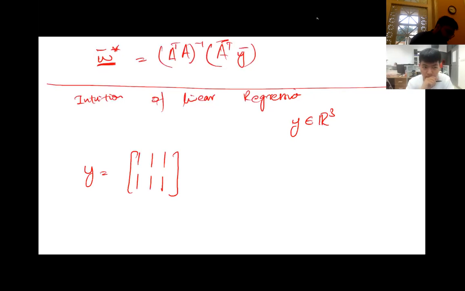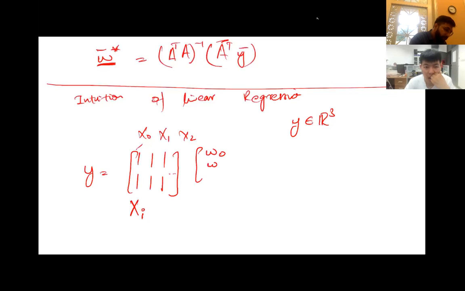I'll call them x sub i. So the first one would be x sub 0, this would be x sub 1, this would be x sub 2, and so on. I need some vectors, and I want some combination of these vectors. I'll call the weights W0, W1, and W2, such that this combination of these vectors gives me Y.